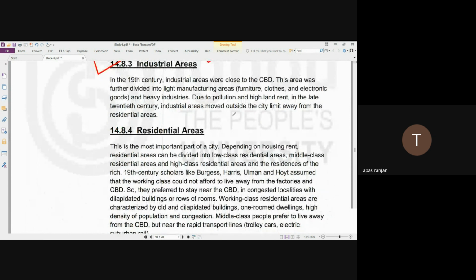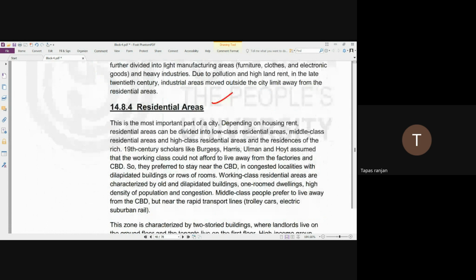Then residential areas. Definitely there will be residential areas in urban centers, and different classes of residential areas will be found, just like these models that have given you some idea about where the lower class residential areas will be and where the higher class residential areas will be.